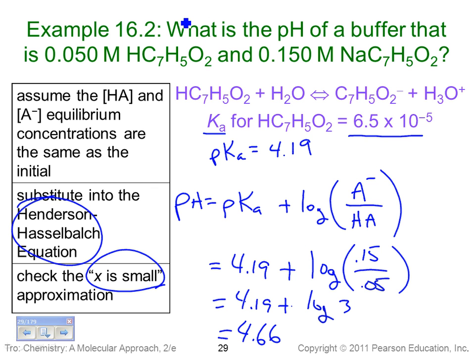Is the X small? How do you check if X is small? We never even got a value for X. Oh, but wait, what is the value for X? So the pH is 4.66.